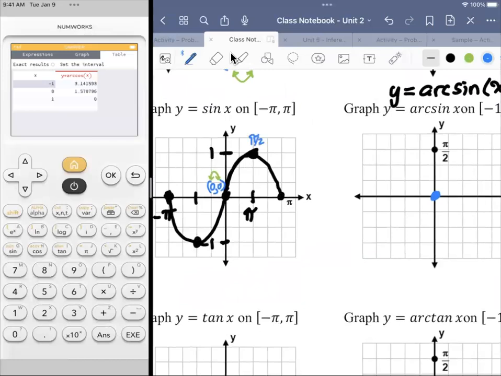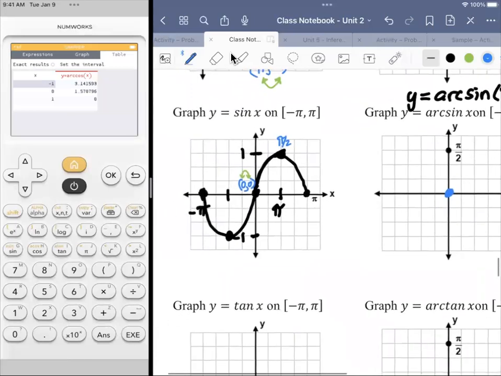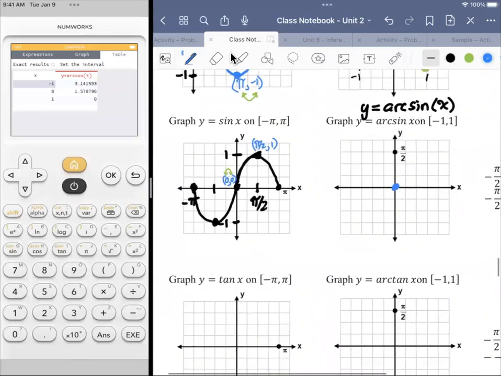I'm sorry, I don't know why I wrote this. That was foolish. Sorry about that. This should be pi over 2. Pi over 2, comma 1 becomes 1 comma pi over 2. So I'll call this 1 and this -1. So 1 comma pi over 2 is what you would get if you flipped these points.